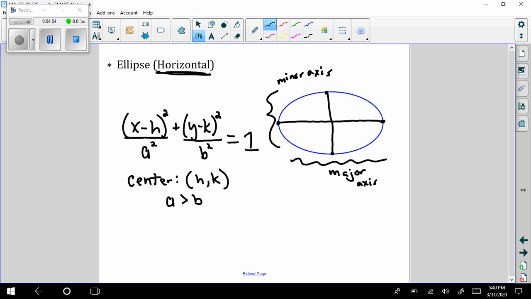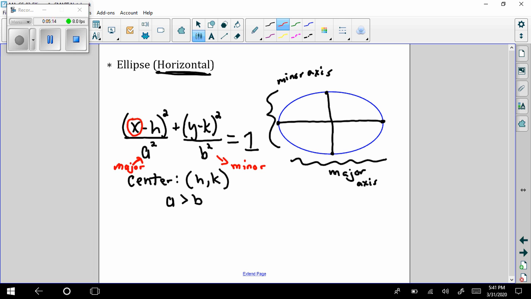So when you're looking at the form of this one, the a squared is under the x term. So your major axis is horizontal. Your minor axis is vertical.